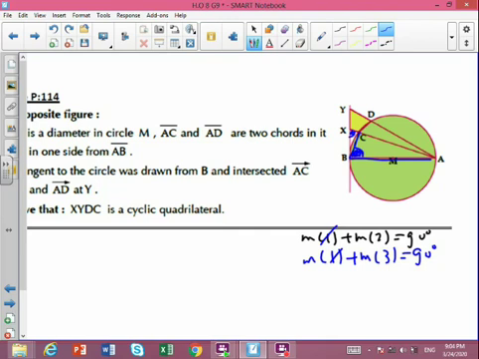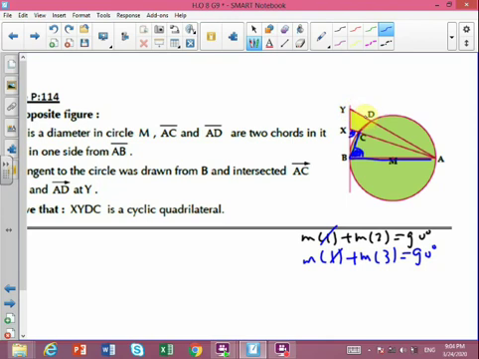Okay, look at YDCX. What can you find here? You'll find that we have proved that angle ABC is equal to angle AXB. These are equal in measure. Okay, let's see the measure of angle YDC.